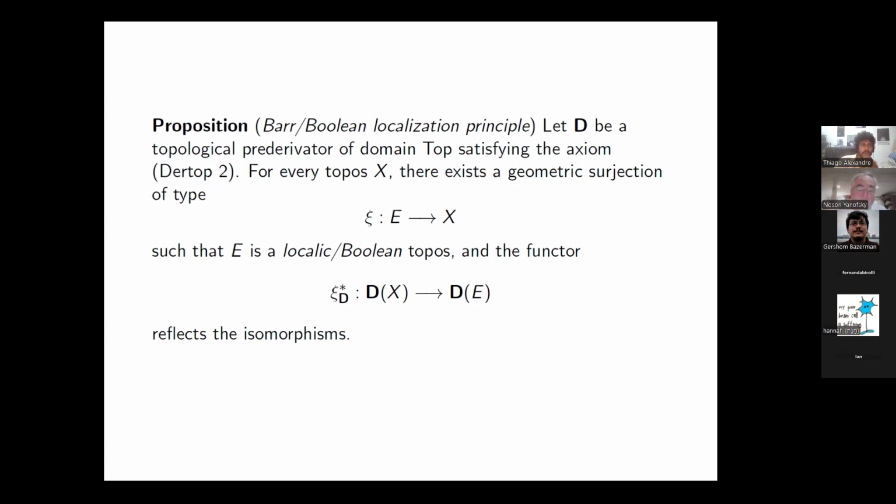This principle appears already there. It is remarked by Joyal that the local equivalences satisfy the Boolean localization principle because they are given by a geometric construction. This is very important, the idea of geometric construction.